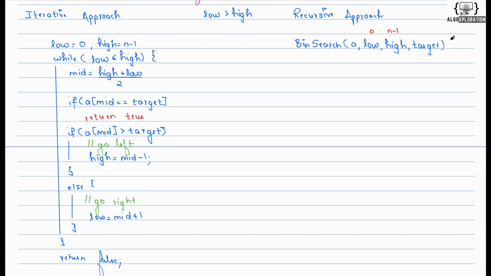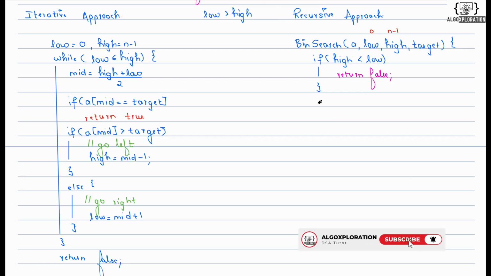Now, as usual, we will be checking the anchor condition, otherwise it will be going to the stack overflow. If high is lesser than low, if that's the case, then return false. This will be the anchor condition.